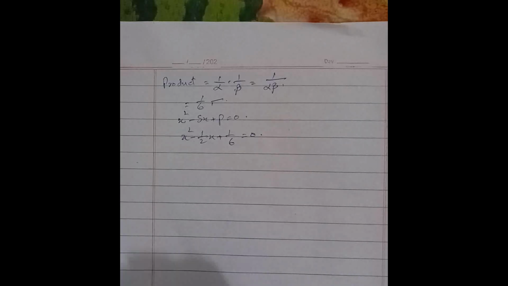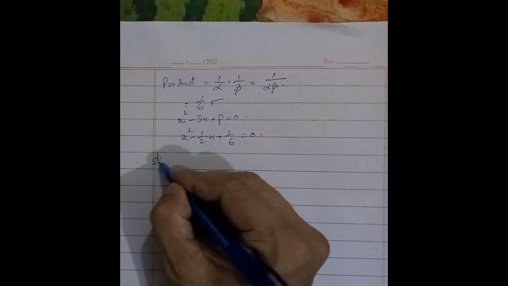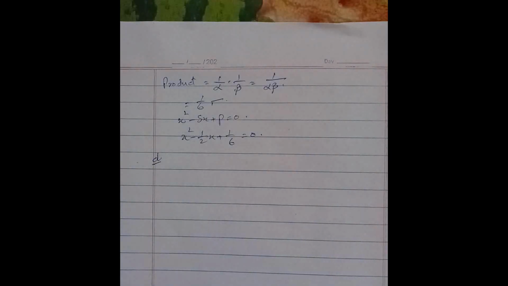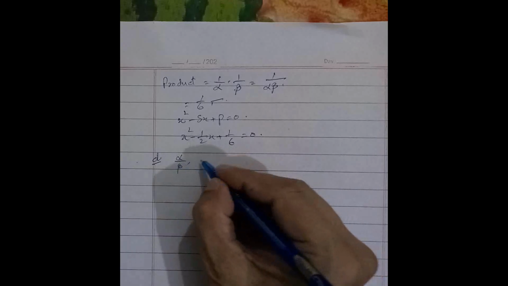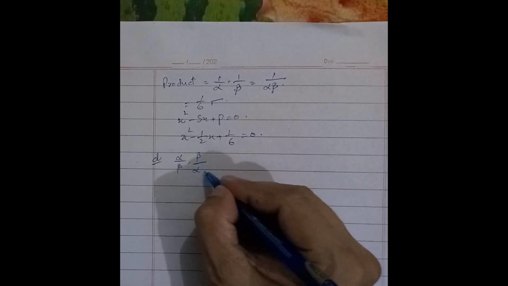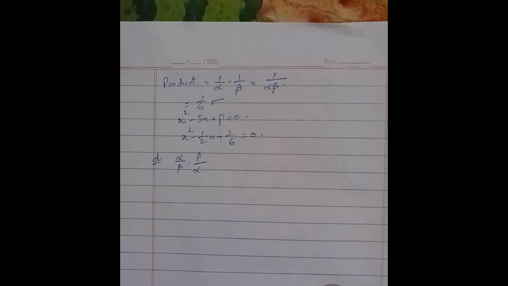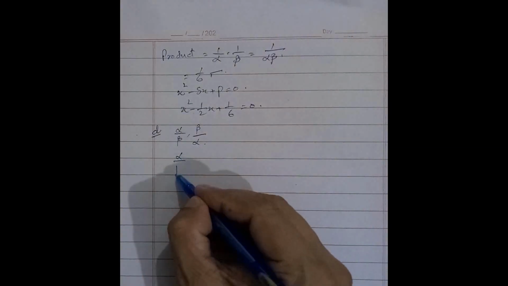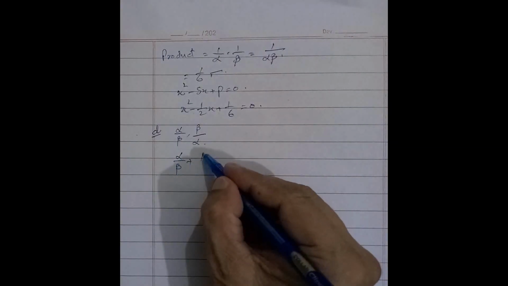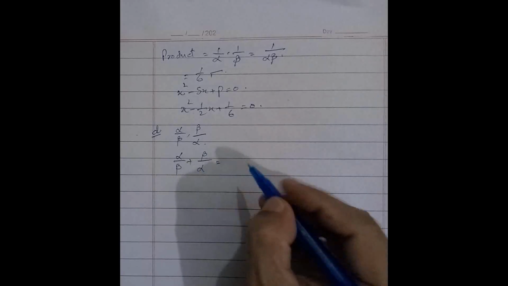Next, the D part, in which the roots are alpha over beta and beta over alpha. And we know that first we find the sum of the roots, which are alpha over beta plus beta over alpha.